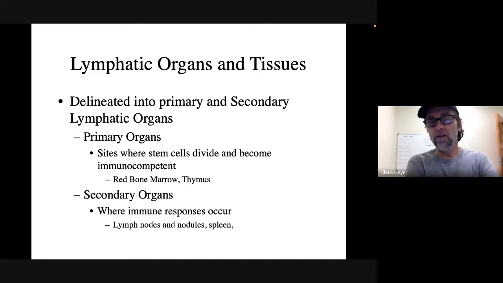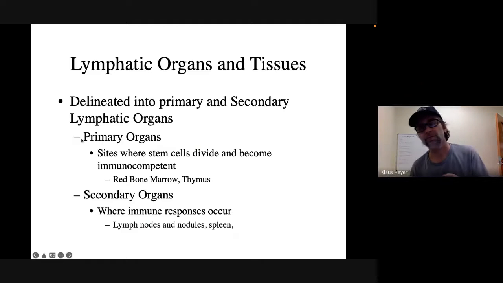B cells are also lymphocytes. They're born in the red bone marrow, which happens to be the same place where their basic training is. So they stay in the red bone marrow, and that's where they get their training. The red bone marrow and the thymus are what we call primary organs.